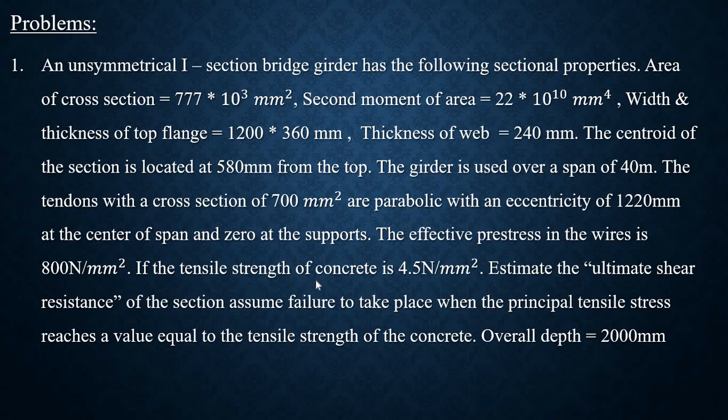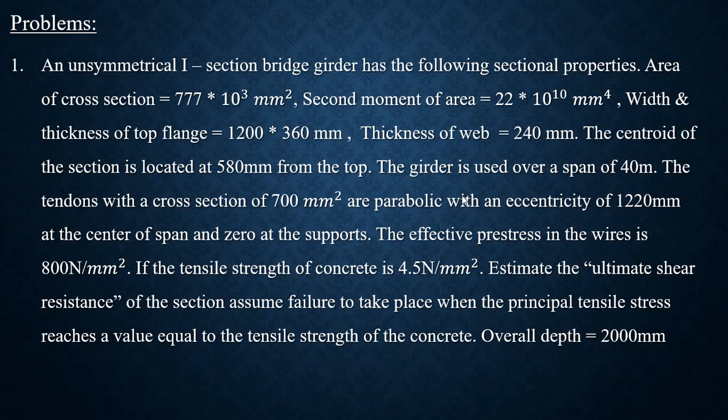If the tensile strength of concrete is 4.5 Newton per mm square, estimate the ultimate shear resistance of the section. Assume failure to take place when the principal tensile stress reaches a value equal to the tensile strength of the concrete. Overall depth is equal to 2000 mm.